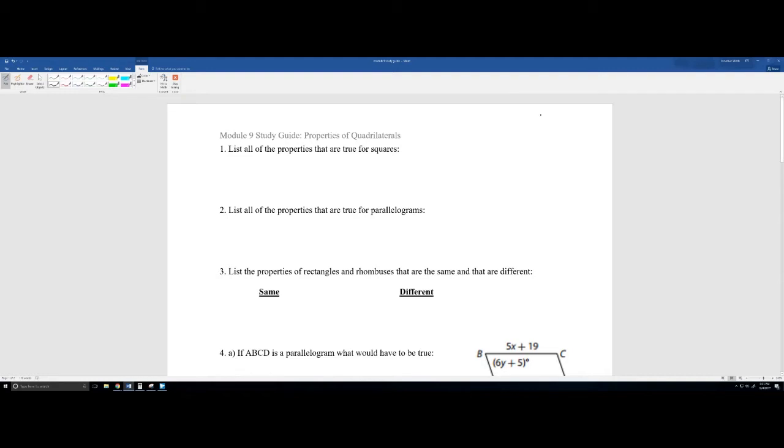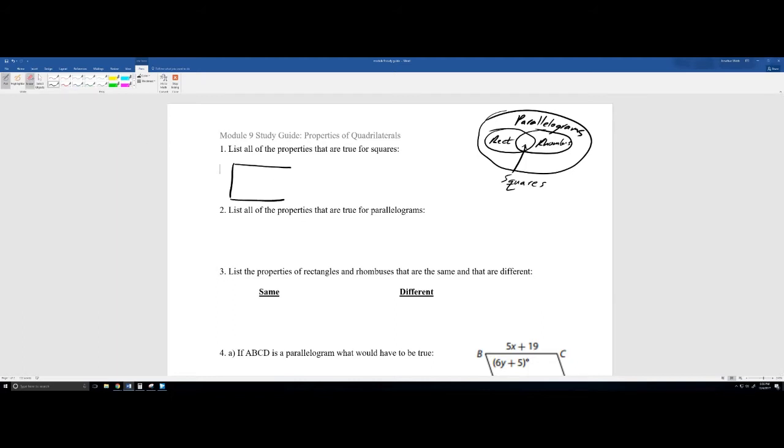It was a Venn diagram: quadrilaterals, and then parallelograms, and then rectangles were here, and rhombuses were over here, and squares were being shared between rectangles and rhombuses. Rectangles and rhombuses were inside the whole parallelogram region. So the idea here is, what are the properties for squares? Let me draw it.